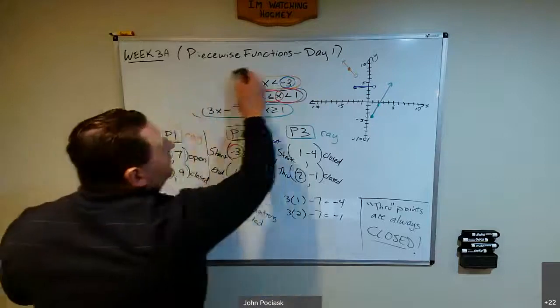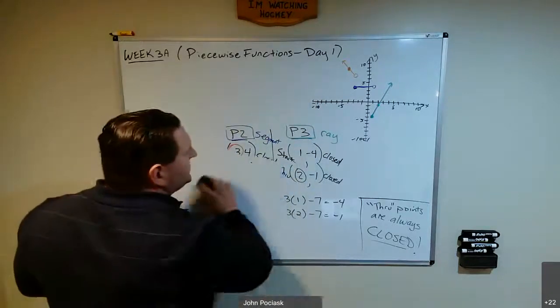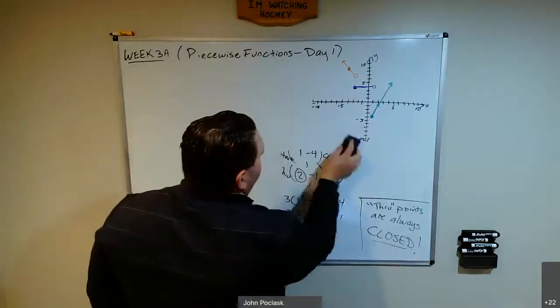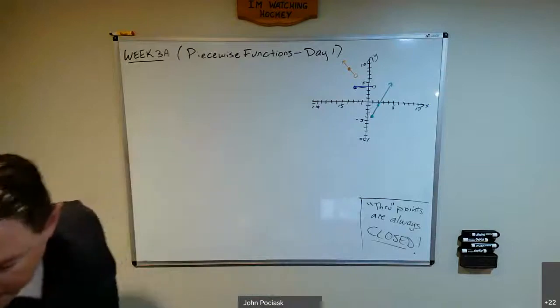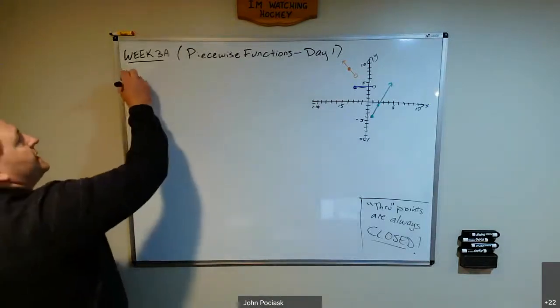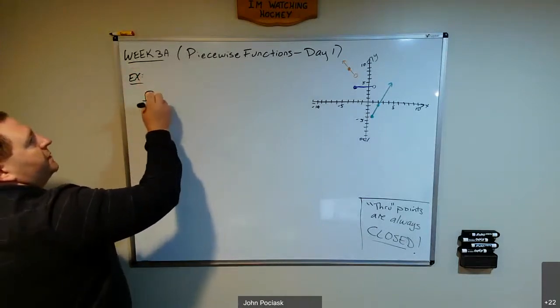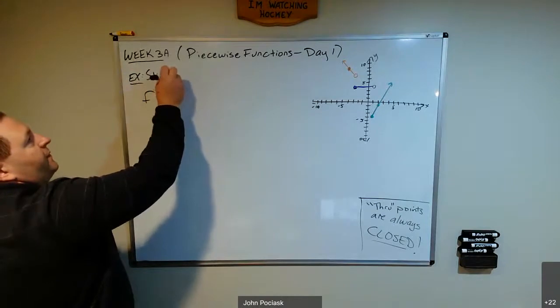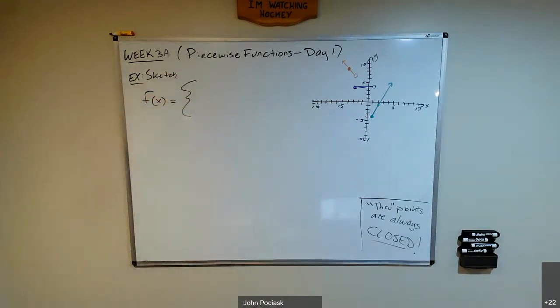All right. I'm going to let you try one of these. I'm only going to make it 2 pieces because I'm keeping my eye on the clock here, and I know there's still one other thing we have to do after this example. So let's call it sketching. So f of x equals, again, two pieces.